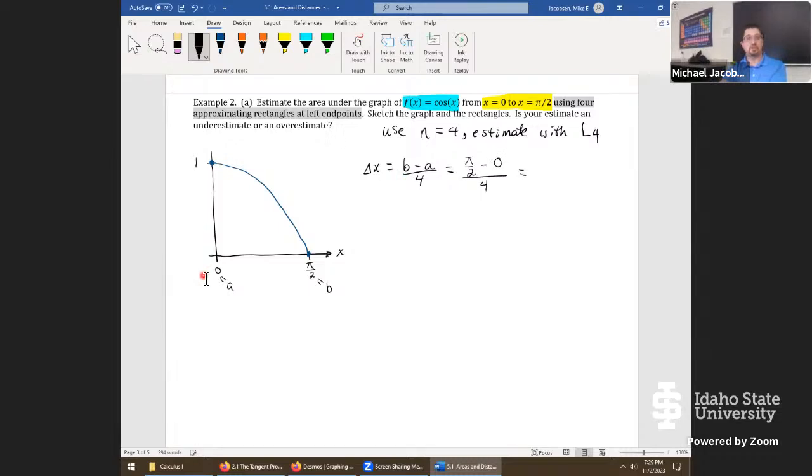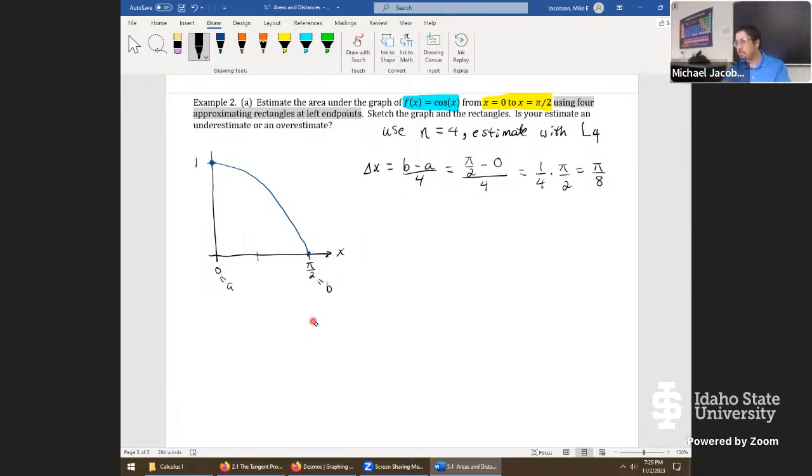All this is divided by 4, so this is now pi over 2 divided by 4, or 1/4 times pi over 2, giving us a pi over 8 altogether. So the width of all of our rectangles is going to be exactly pi over 8, only because we're going to that specific range and dividing it in 4.